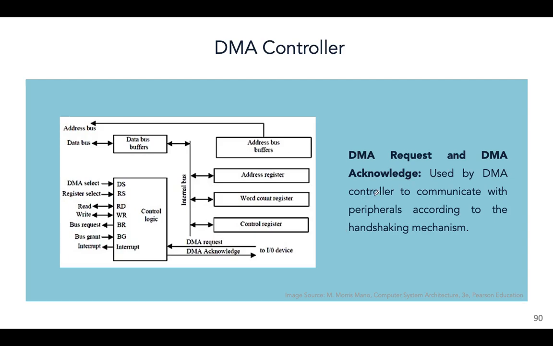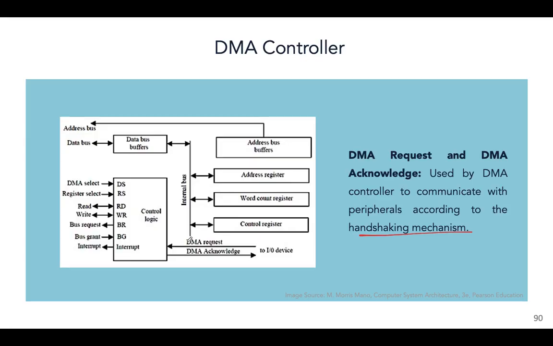These are used by DMA controller to communicate with peripherals according to the handshaking mechanism. So handshaking mechanism we have already discussed in the previous video. Both DMA request and DMA acknowledge lines are used by the DMA controller. So the request line comes from the device to the DMA controller.